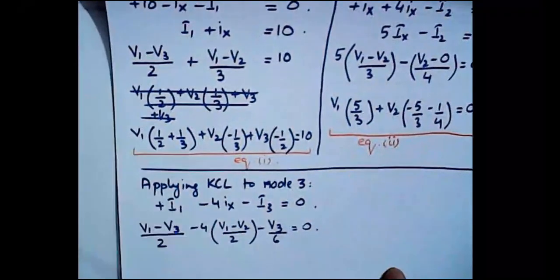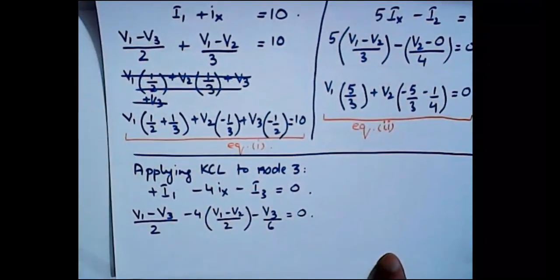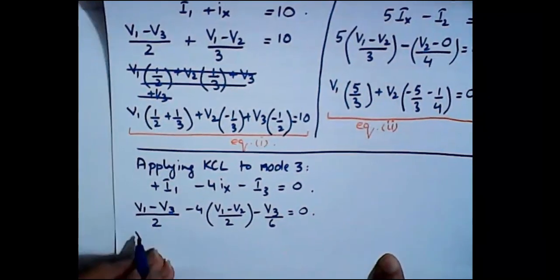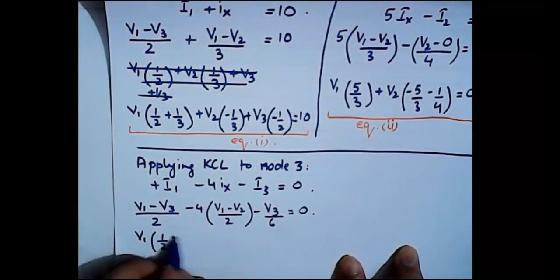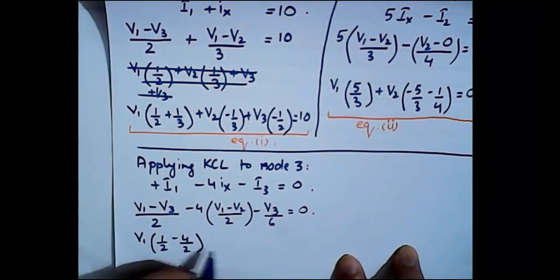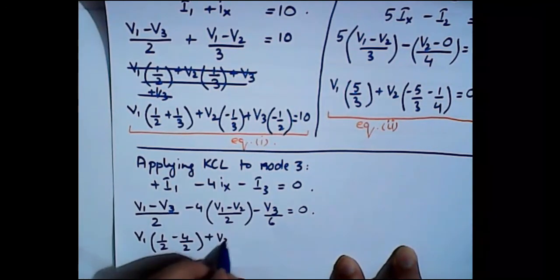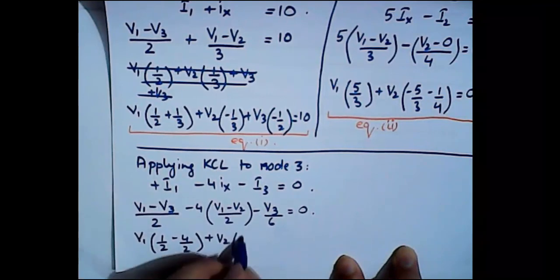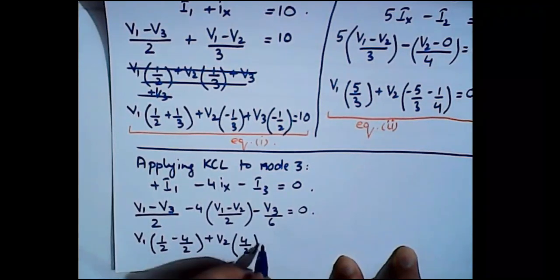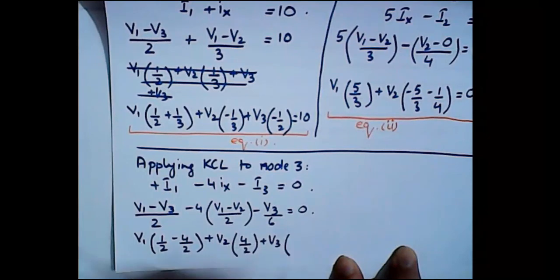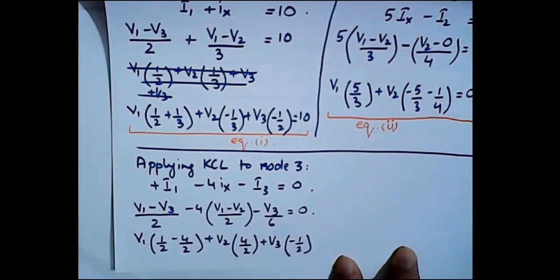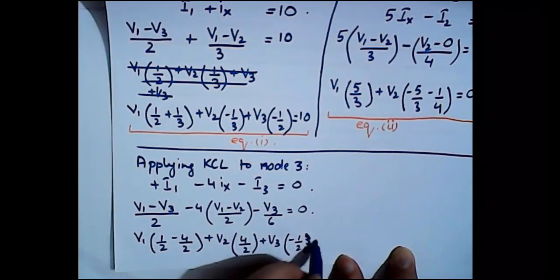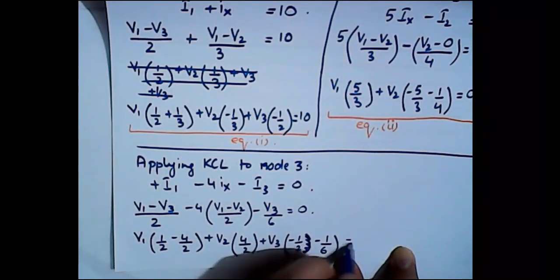So we can just simplify it. V1 will become 1 upon 2 minus 4 upon 3, plus V2, this will become plus 4 upon 3, plus V3, it becomes minus 1 upon 2 minus 1 upon 6, is equal to 0, right?